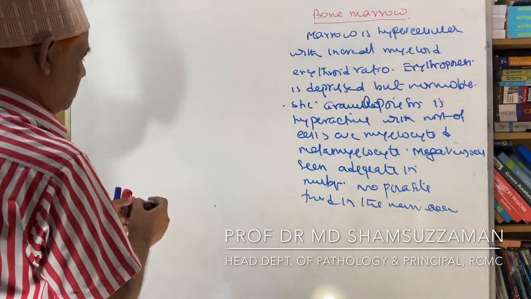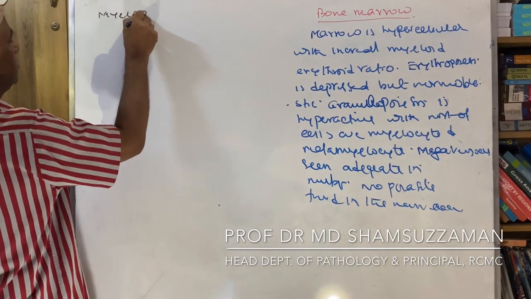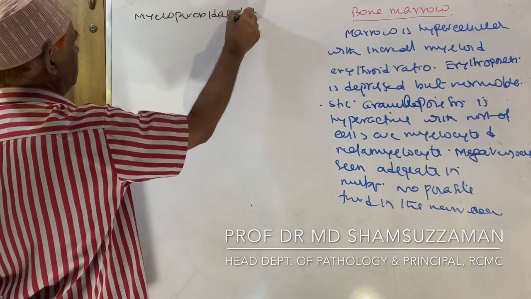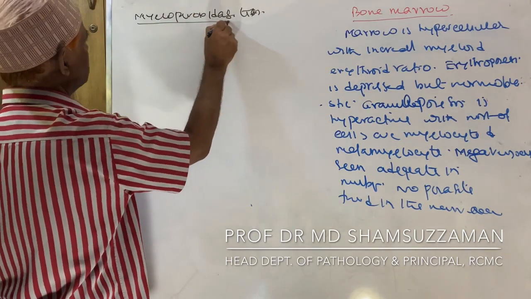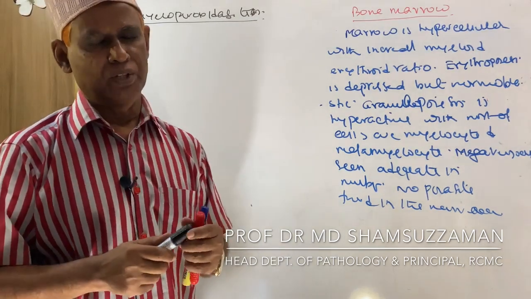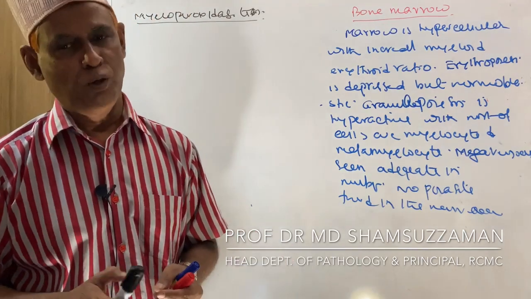Now come to myeloperoxidase test. Dear audience, as it is a case of chronic myeloid leukemia, we'll get most of the cells as myelocyte and metamyelocyte. Along with that, we can get a few myeloblasts also.